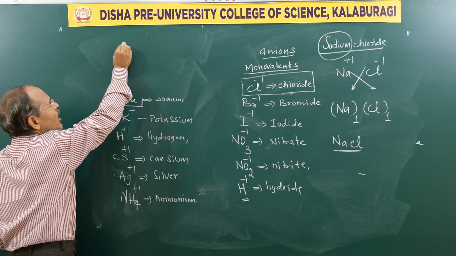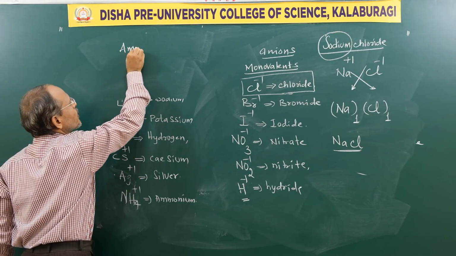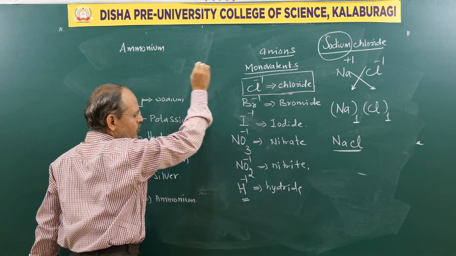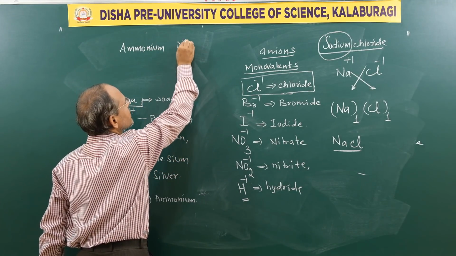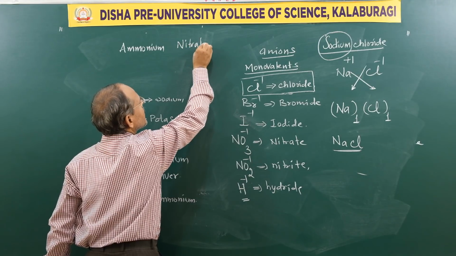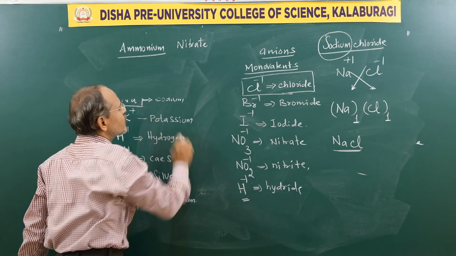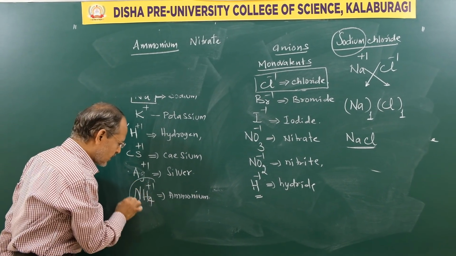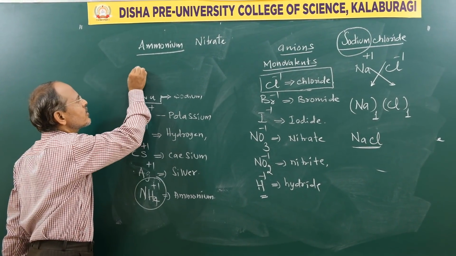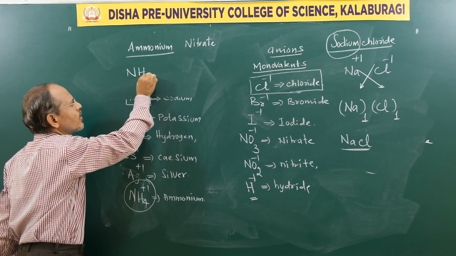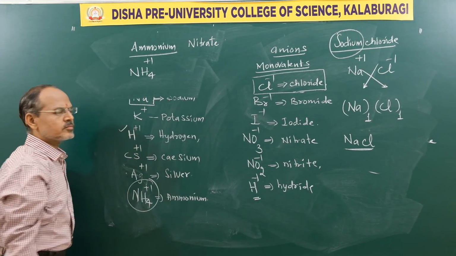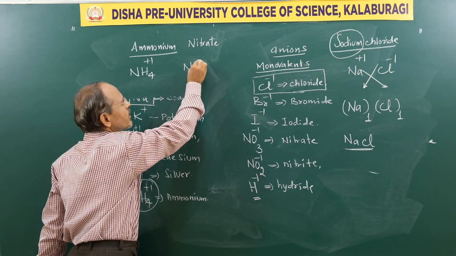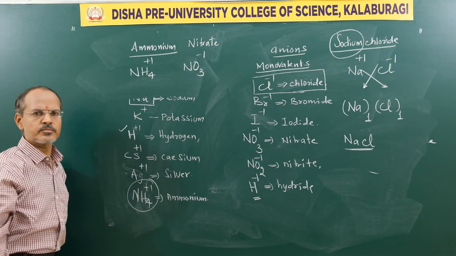Okay. Now another example. I'll write ammonium nitrate. First you go through the ammonium. It was NH4 plus 1. Then nitrate, NO3 minus 1.